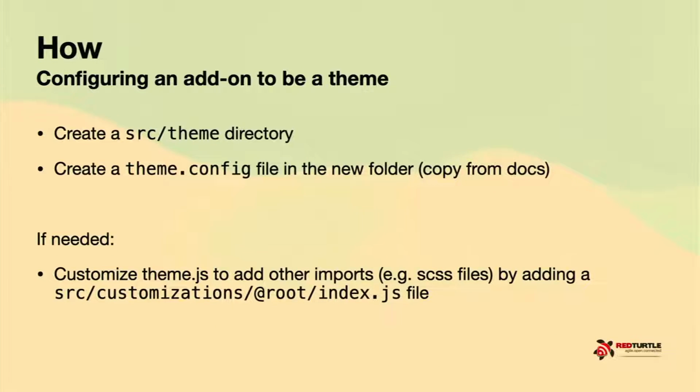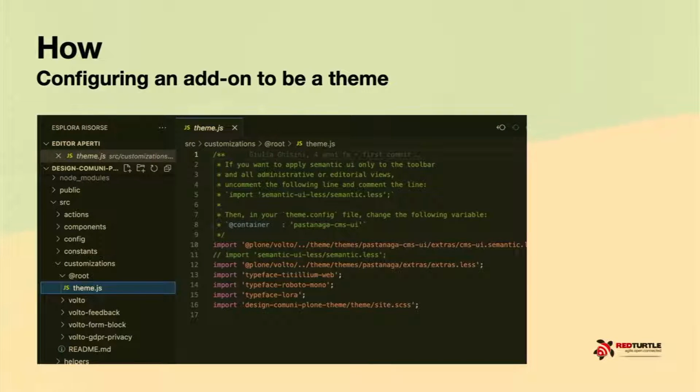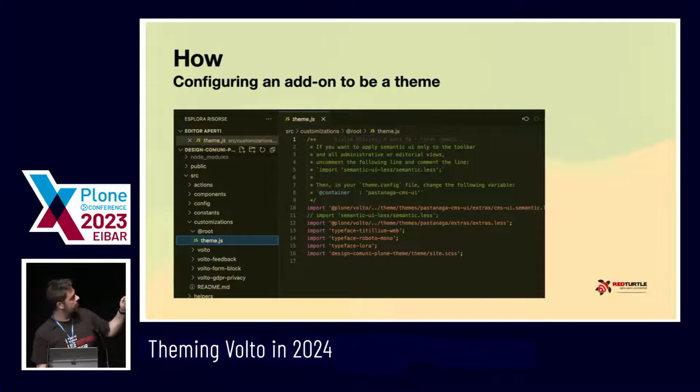What's that? That's the main Volto file that imports your styles. It's a file with a bunch of imports for styles and, in my case, typefaces, like NPM packages that import typefaces.